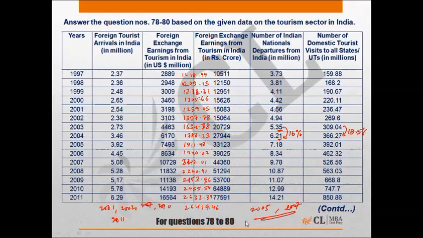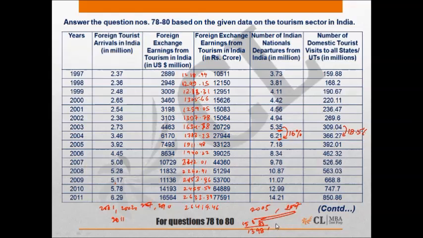These ratios, for the given years in the given order, are: 15,083 upon 3,198.